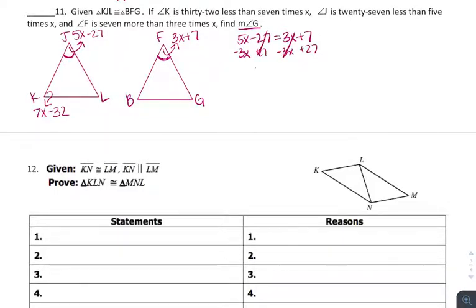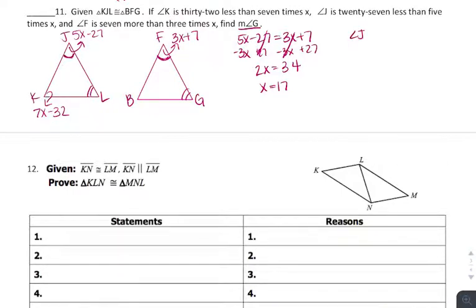So we're going to get 2x equals 34 and x equals 17. Okay. From there, what we have to do is go ahead and figure out what G is. And what we can do here, if we know that L and G have to be the same, then we're just going to go ahead and plug x into angle K and angle J, and then figure out what that is, add it together, and subtract from 180.